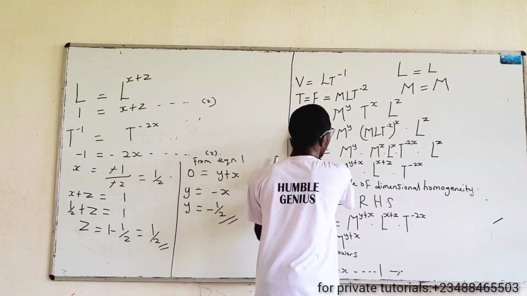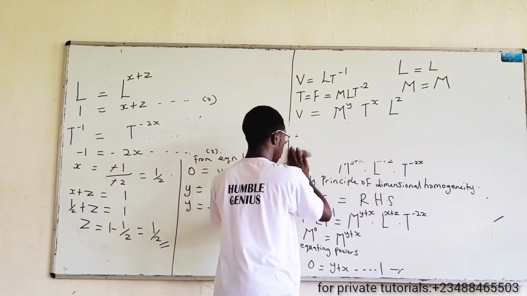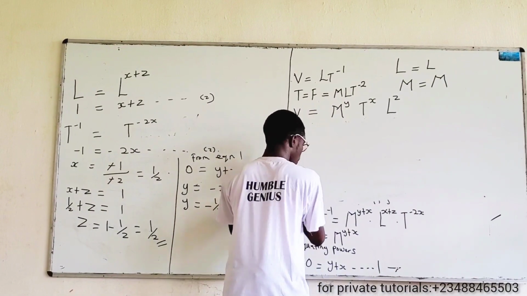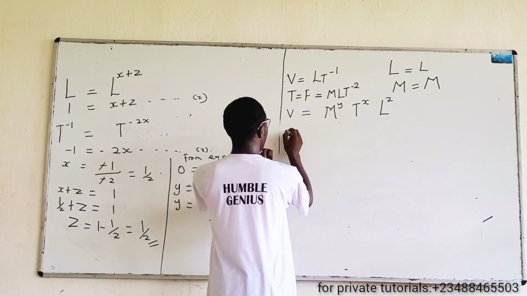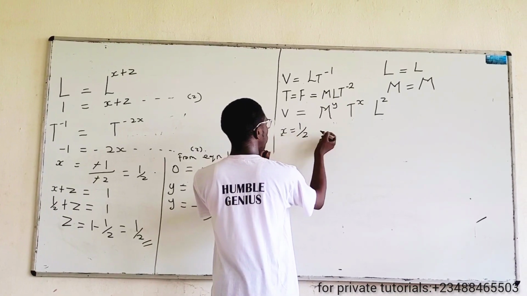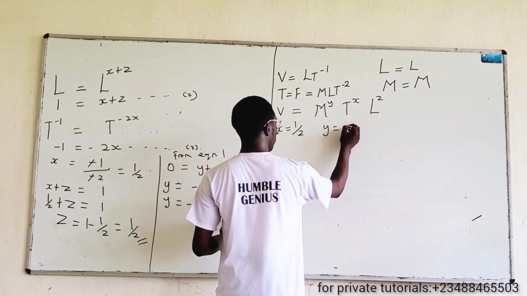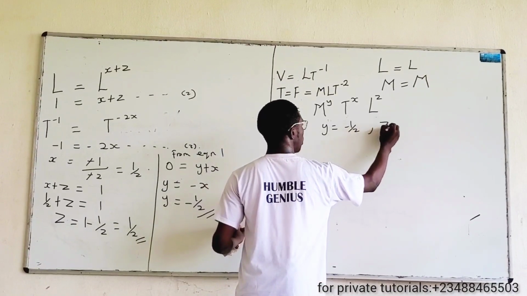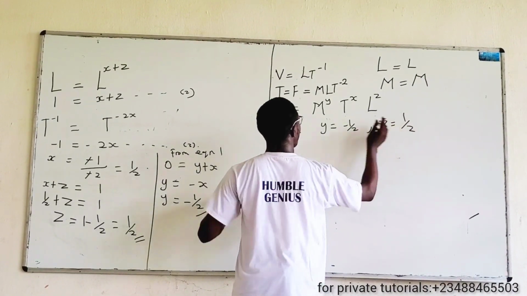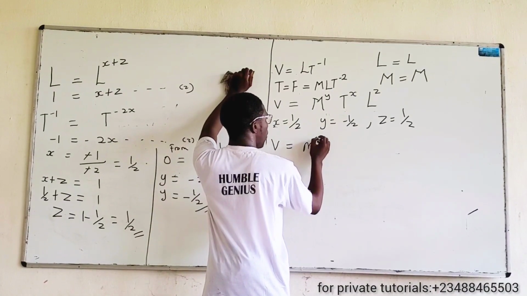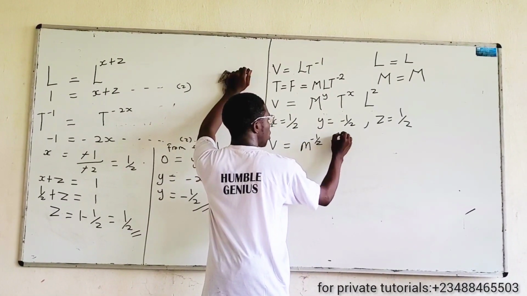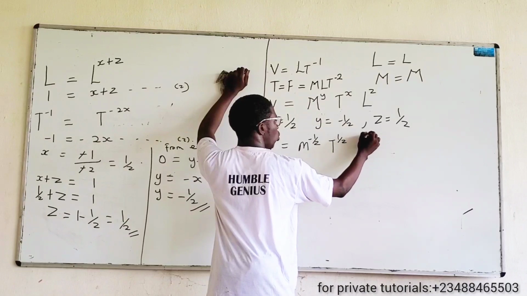So I'll come here, cleaning all this, substituting my x being equal to 1 over 2, my y being equal to minus 1 over 2, and my z equal to 1 over 2. Substituting all into this relation, I have v equals m raised power minus 1 over 2, T raised power 1 over 2, L raised power 1 over 2.